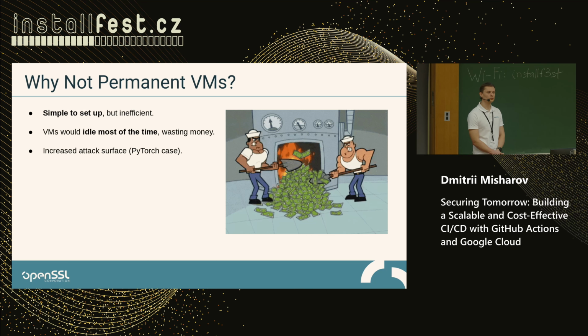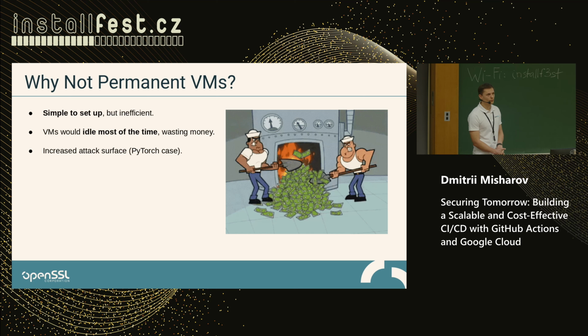Yes, it's simple to set up. You can just create your own fleet of VMs and runners on them, but it is inefficient because you don't know how many runners you need at a certain moment, and most of the time the VMs will be idle, wasting money, which we don't want to do.